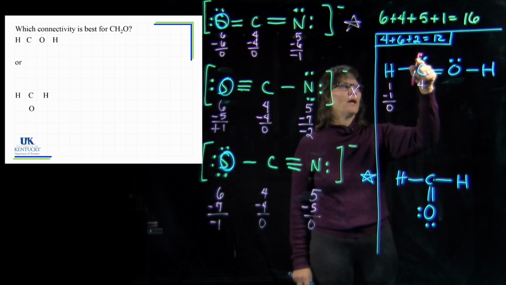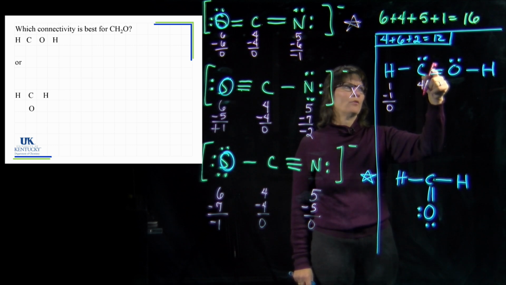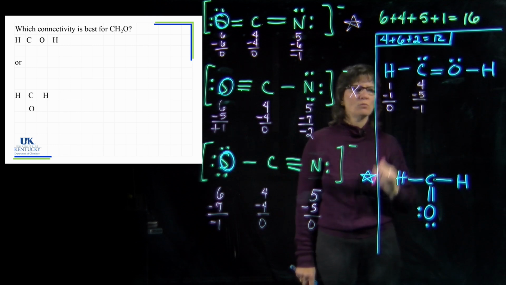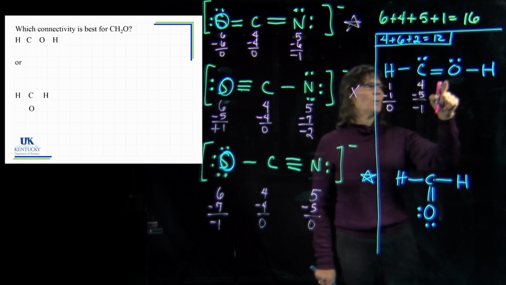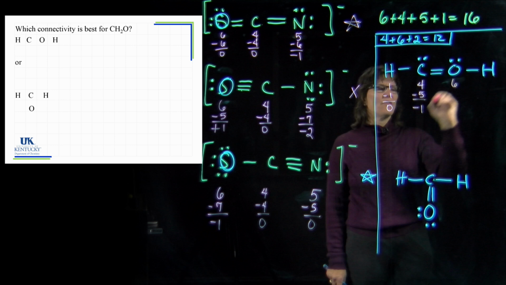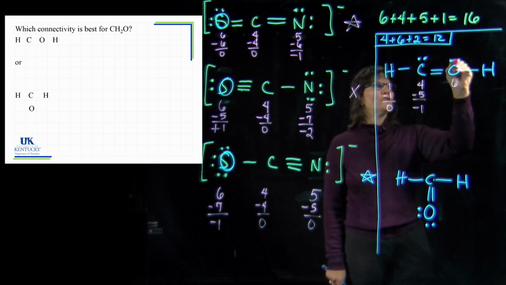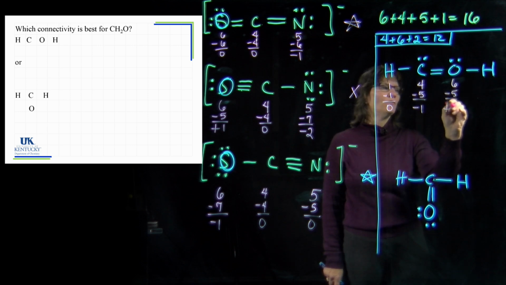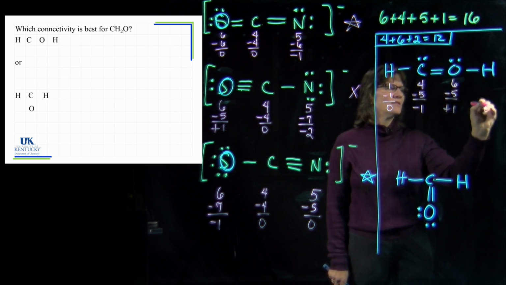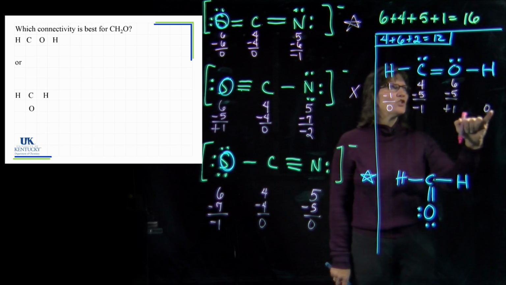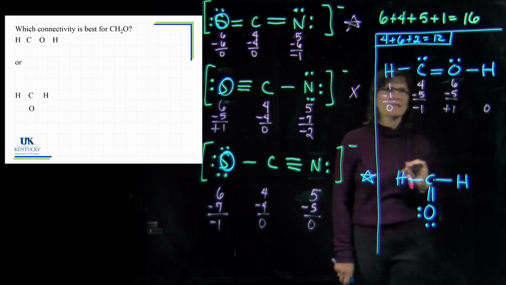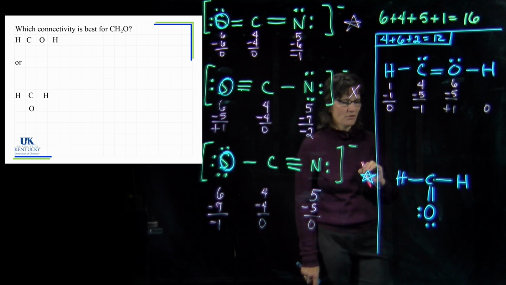We count the lone pairs, 1, 2, and 1 per bond, 3, 4, 5. So I'm going to subtract 5. That's a -1 formal charge here. We go to this oxygen, 6 off the periodic table. 1, 2, 3, 4, 5. We subtract 5, and that's a +1 formal charge, and hydrogen is a 0 again. So all of these add up to give me an overall charge of 0, which they are supposed to do because that is a molecule that doesn't have a charge.